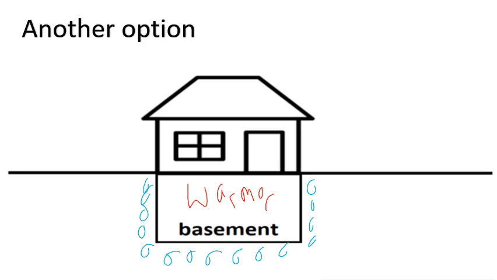So if you keep the water right next to the house from freezing, it won't expand and therefore push on the house and cause you the problems. So you either anchor the house deep enough below the frost line, or you build a basement that will keep the water around the house from freezing.